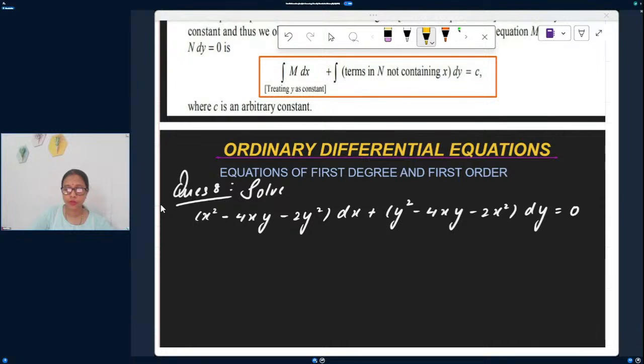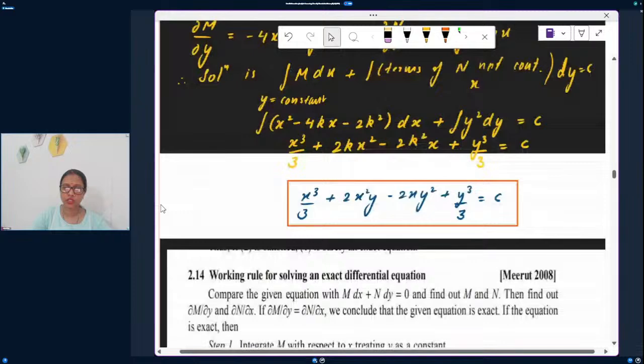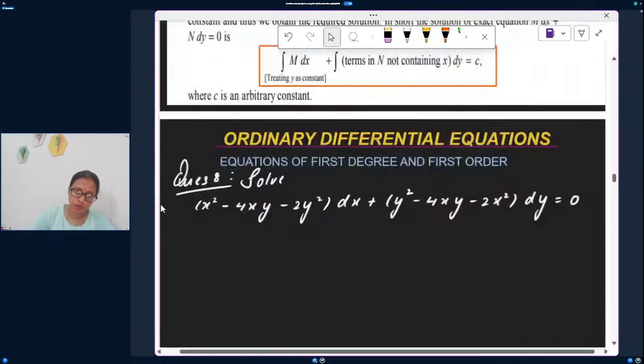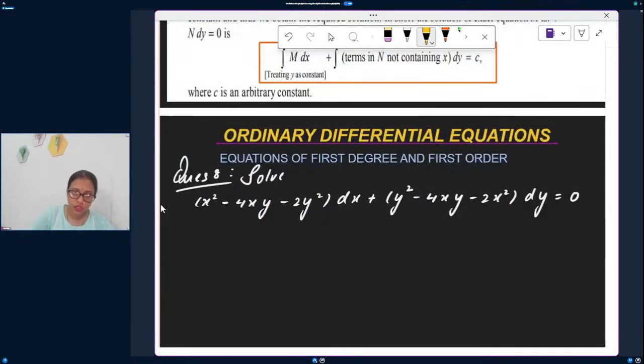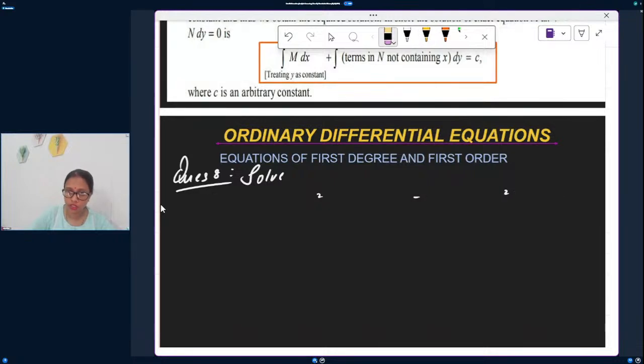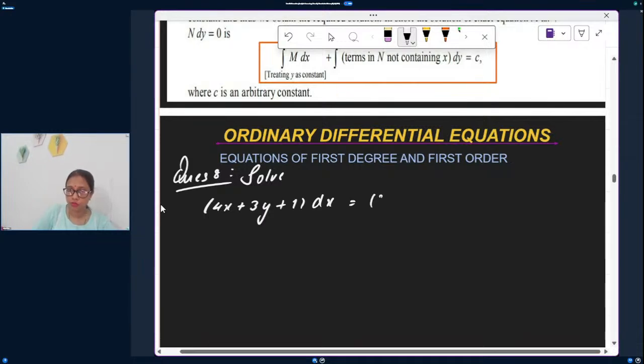Okay, just a second. I've written the last question, right? I'm sorry, not this one. I've written exactly the last question. Let me correct that. It's (4x plus 3y plus 1) dx plus (3x plus 2y plus 1) dy equals 0.